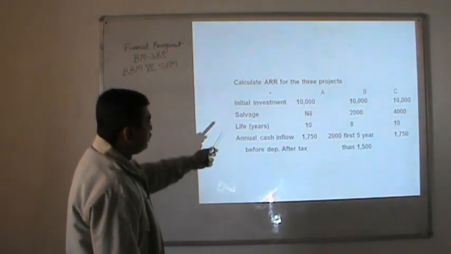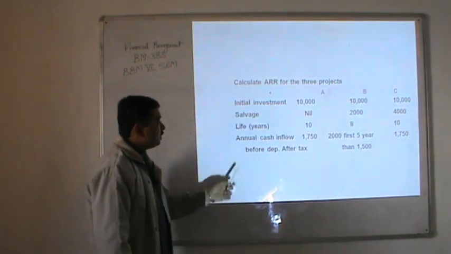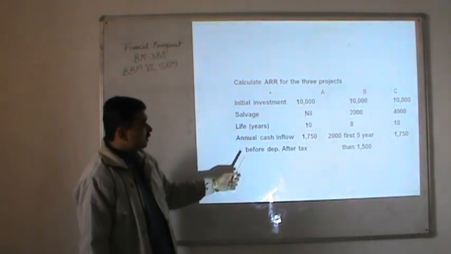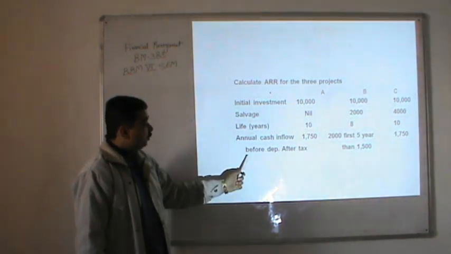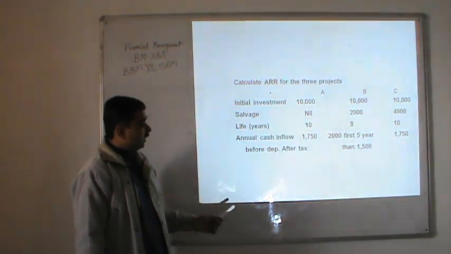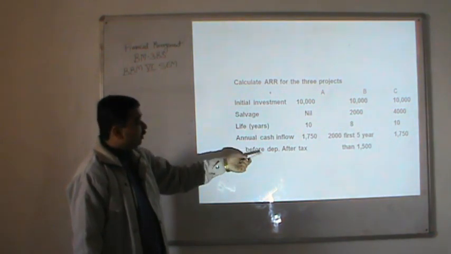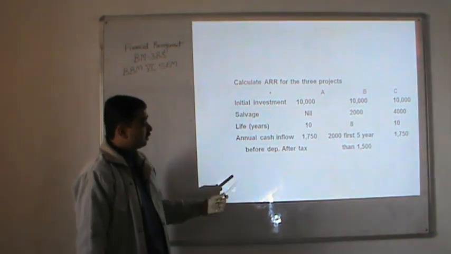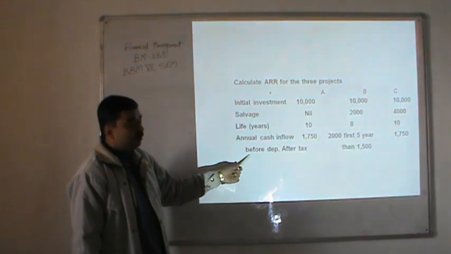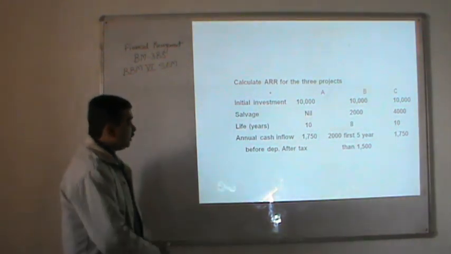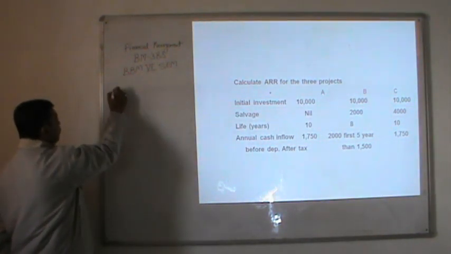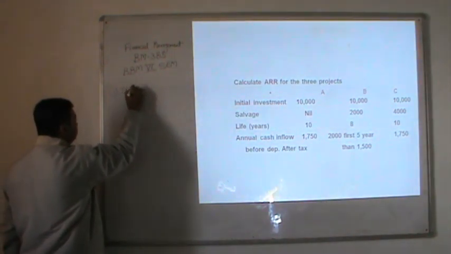So in the first project, investment is 10,000, salvage is nil, life is 10 years, and annual cash inflow is before depreciation and after tax. We require it after depreciation and after tax, so we have to reduce the depreciation from this. First we will calculate the depreciation.